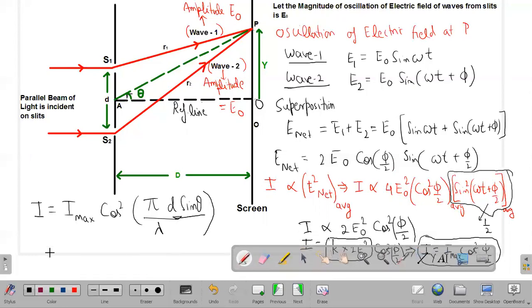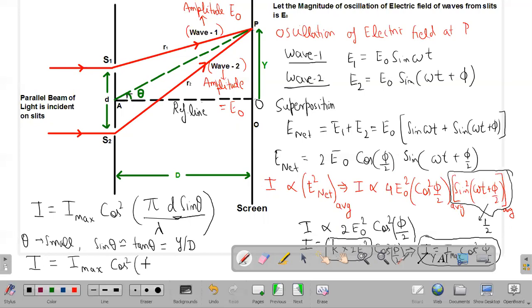Because if theta is small, you can use the conditions of limit that sine of theta is approximately the same as tan of theta, which can be written as distance of y over capital D. So now finally you can have intensity expression in terms of linear position y of the point P on the screen.